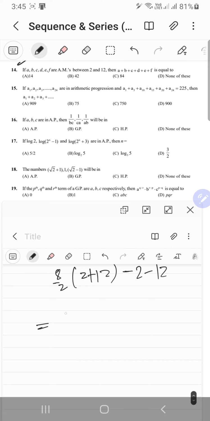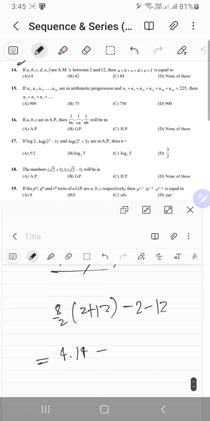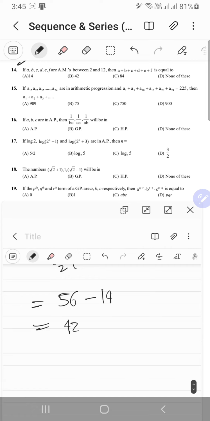But 8 by 2 is just 4. So 4 into 14, or you could say 8 into 7, whatever, which is basically 56 minus 14, which is 42, I think.